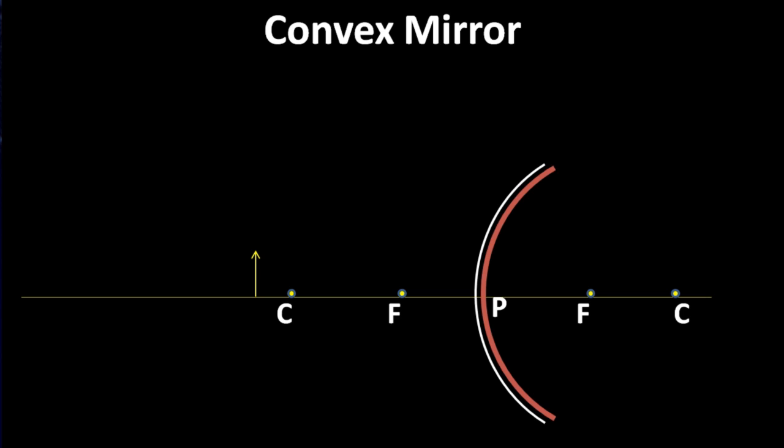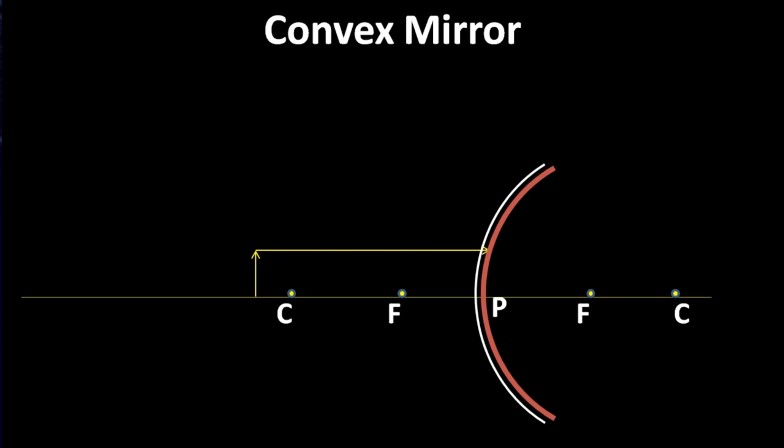Let us study the case of a convex mirror. In a convex mirror, for all the positions of the object, the image is formed behind the mirror, that is, it is virtual, upright, and smaller than the object.